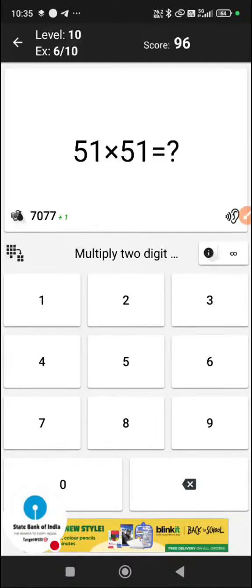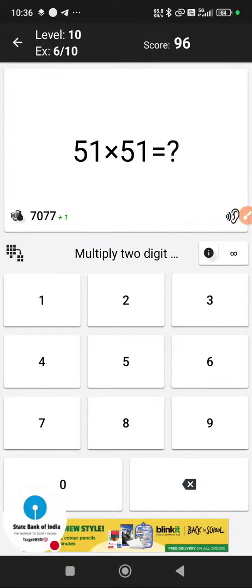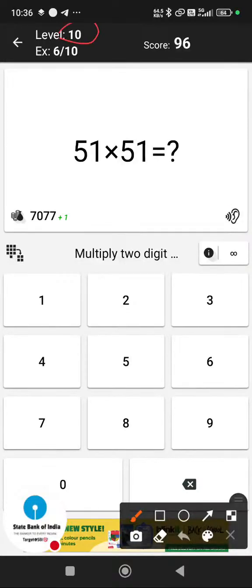Please say big multiplications. So do you want big multiplications? Present in this application we don't see big multiplications if we are in level 10.